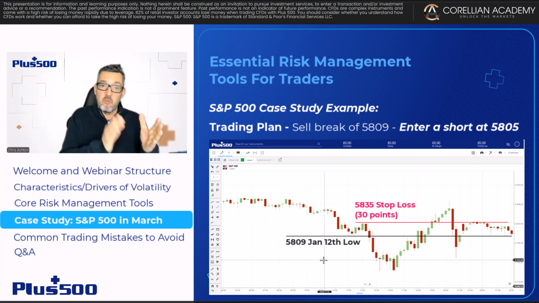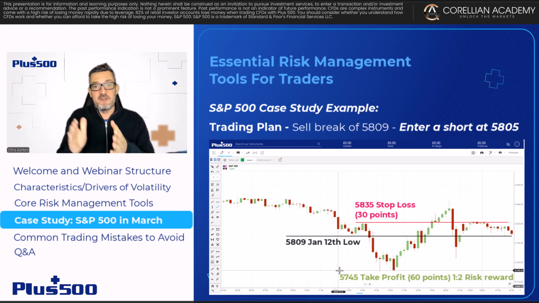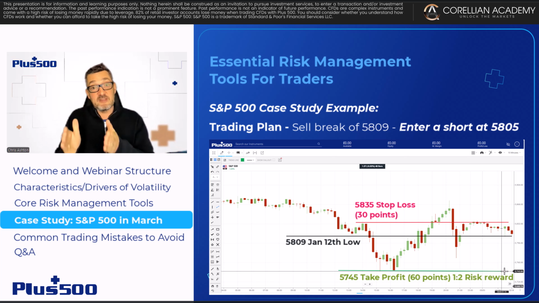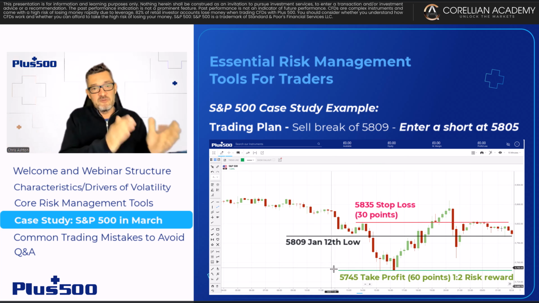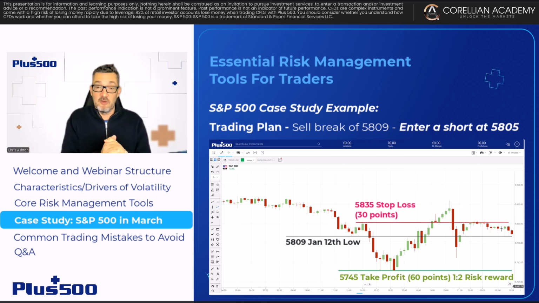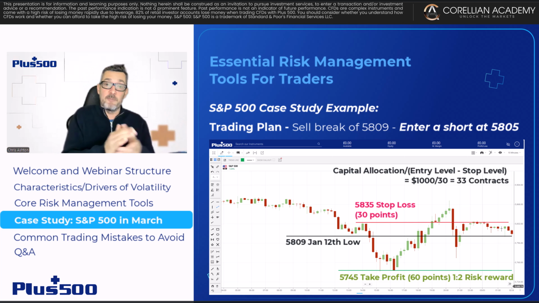Using a risk reward of 1 to 2, my take profit exit is 5,745, which is 60 points from my trade entry. Using a capital allocation of $1,000, which is 1% of my trading capital, my position size allocation looks like this: 1,000 divided by 30 equals 33 contracts.